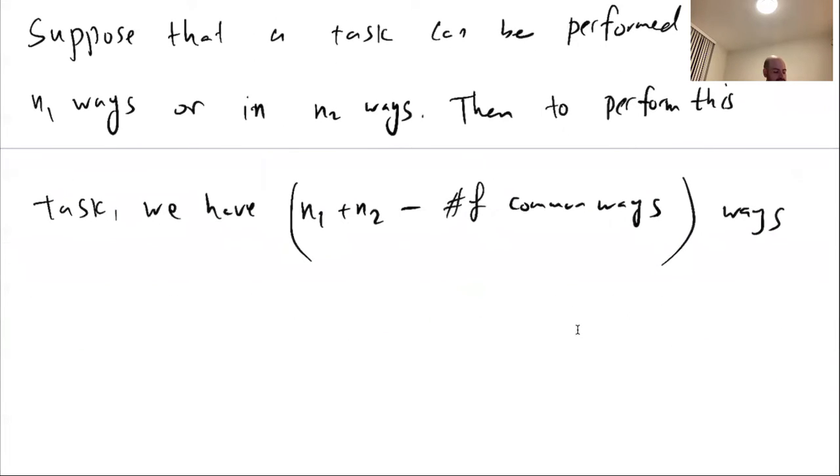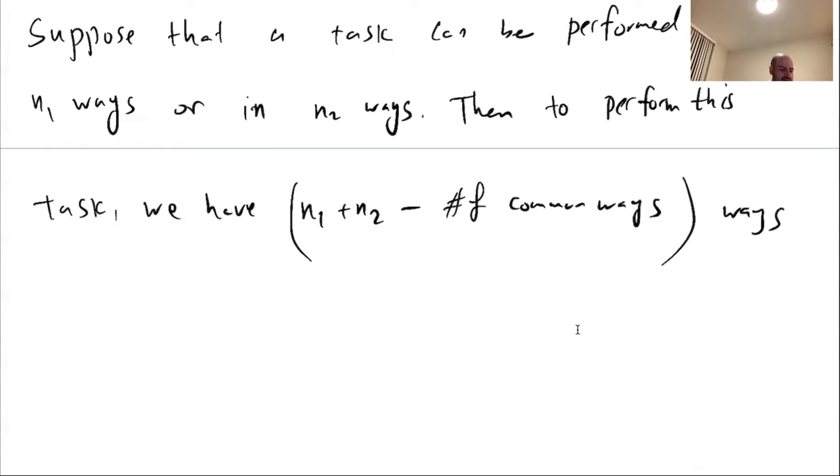Now, this one, there is addition involved. What is the difference? This time we have one task to perform. For this one task, we can do it with n1 ways or n2 ways, and to perform the task, we have n1 plus n2 minus the number of common ways.